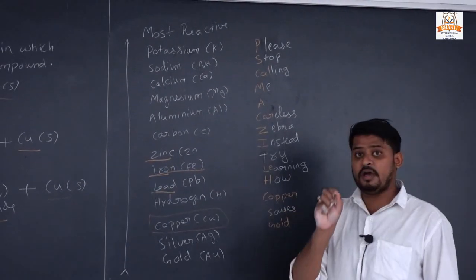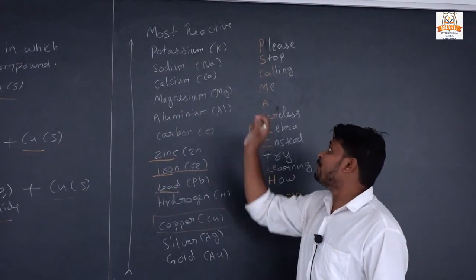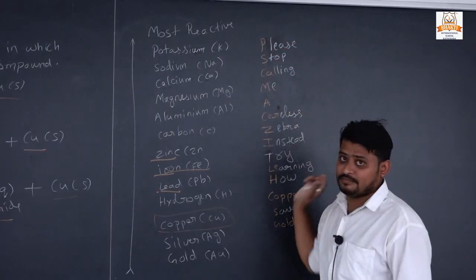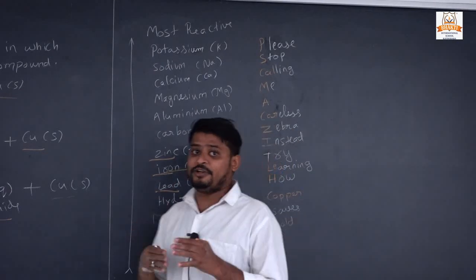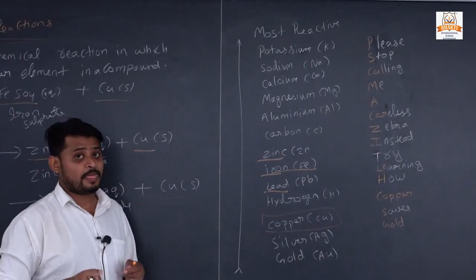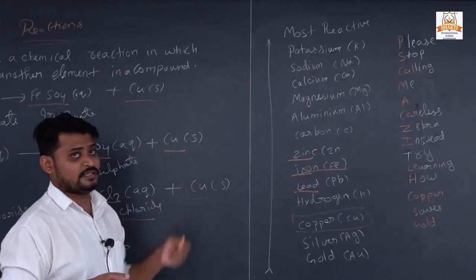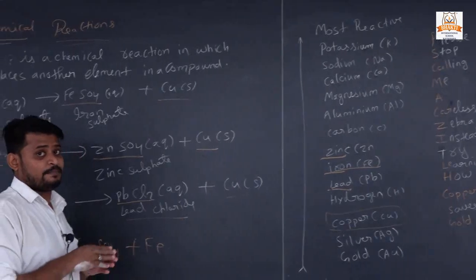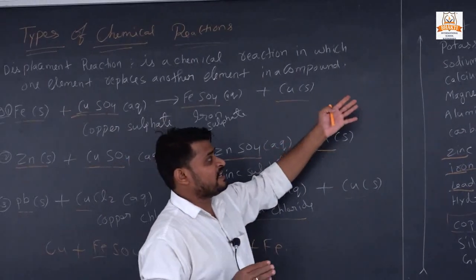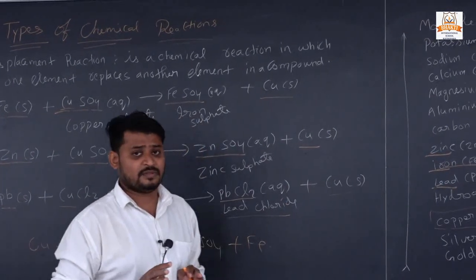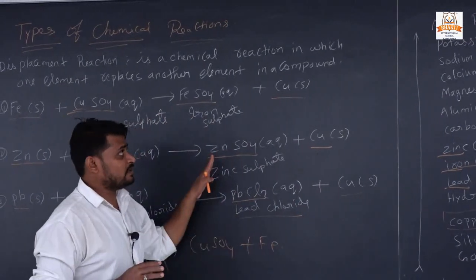But you have to remember the full form of P, S, Ca, M. If you don't know which letter represents which element, if you don't know P represents potassium, that's a problem. In the periodic table potassium is represented by K, but for learning we have taken P. Okay, so this is completed.